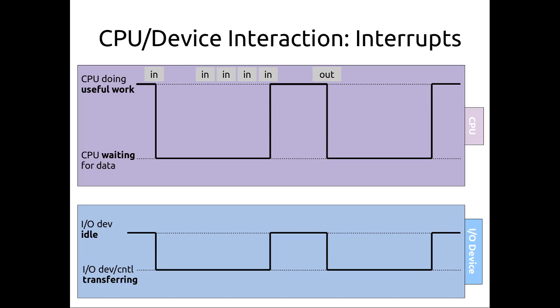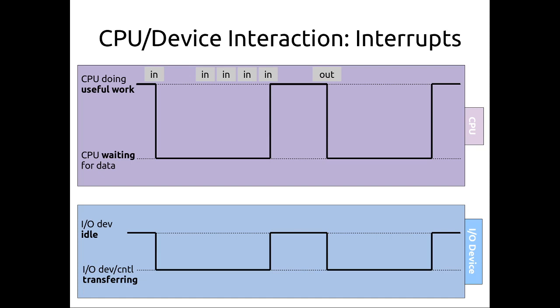And it can change between that and a state in which either the device or the device controller is transferring data. So let's say that we make an in request. In, again, an ISA instruction for asking the I/O device to do something, to transfer something into the CPU.